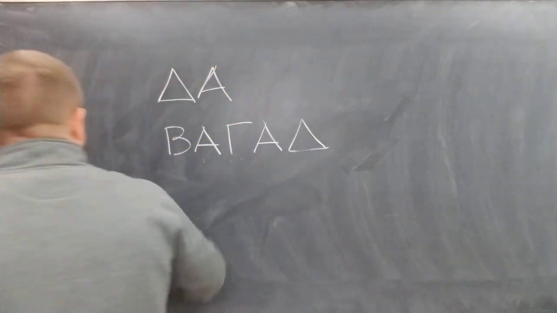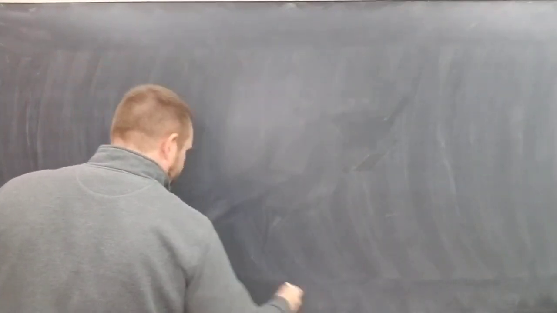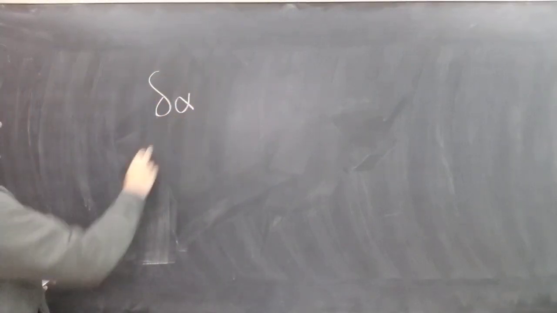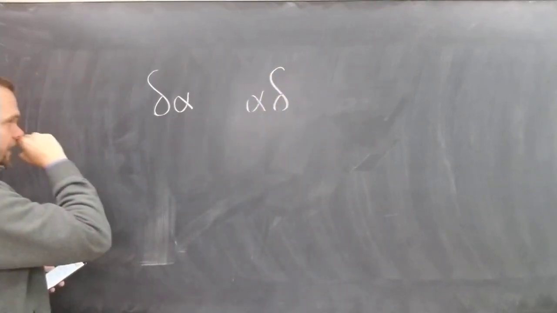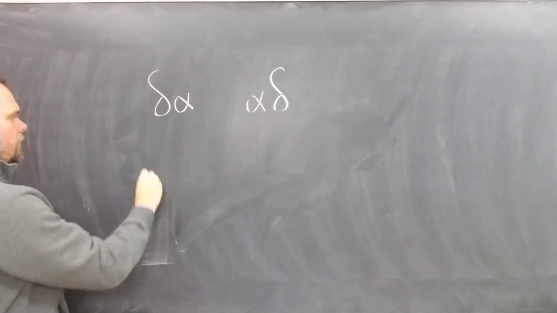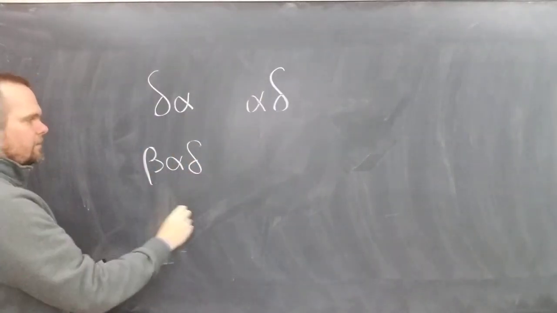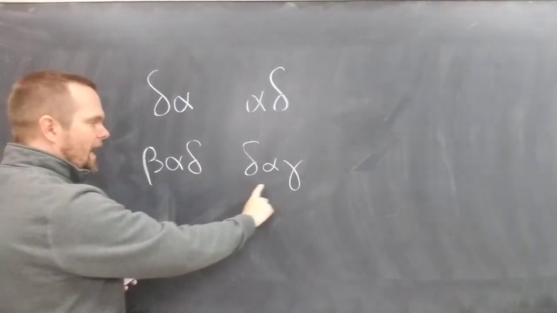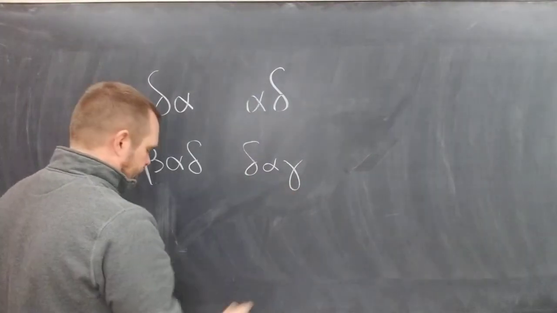Okay? To look at lowercase letters we've studied so far, this would be da. This would be ad, ad. This would be bad. This would be dag, dag, delta, alpha, gamma.